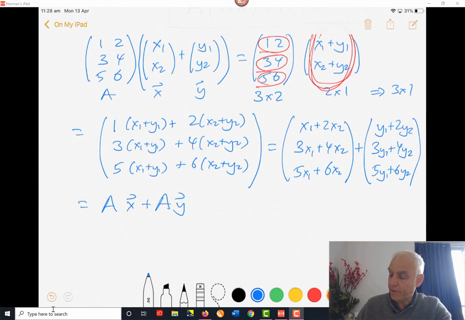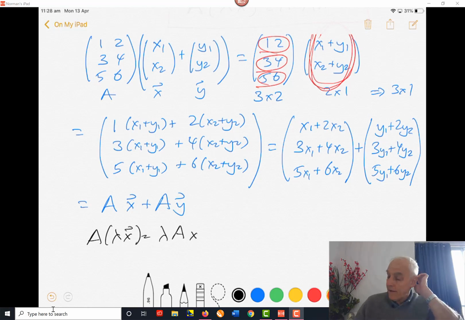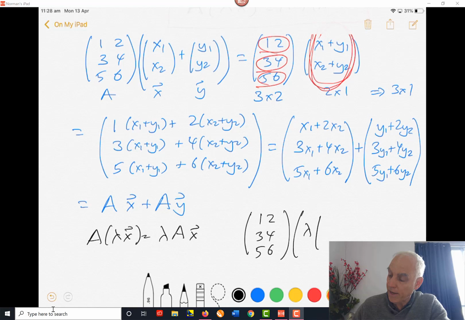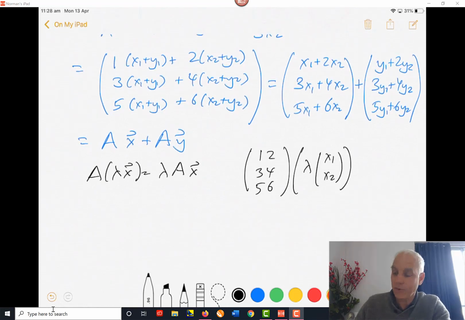And the other law, A times lambda x equals lambda Ax. That can also be illustrated in the same kind of way. Suppose that we have 1, 2, 3, 4, 5, 6, and we're taking our vector and, say, multiplying it by lambda. Okay, so lambda times x1, x2.